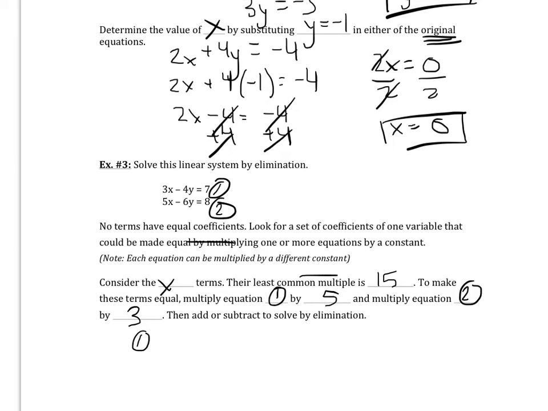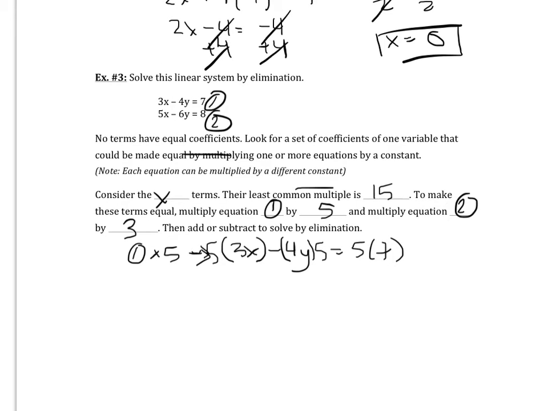So I have equation 1. I'm going to multiply it by 5, and that becomes 3x times 5 minus 4y times 5 equals 5 times 7. Okay. I'm going to rewrite this just a little bit below. This then becomes 15x minus 20y equals 35.